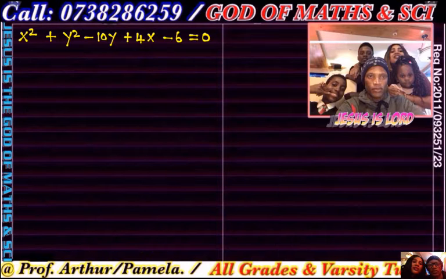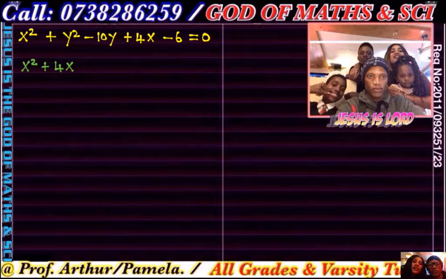Step number 1, I want you to group the x terms together, anything that is an x. I'm going to color code it, I'm going to make it green. So I take the x squared and the 4x together. I'm going to write x squared plus the 4x.